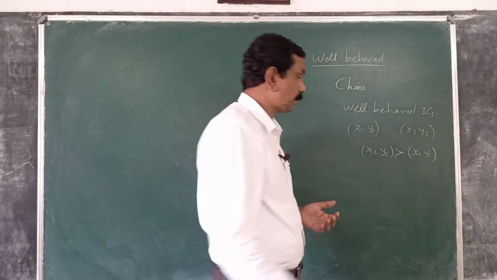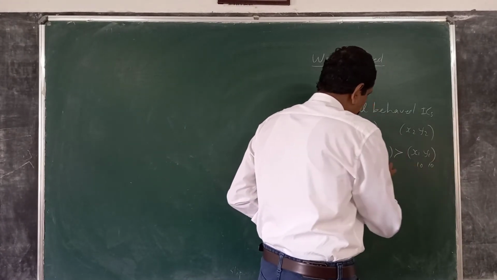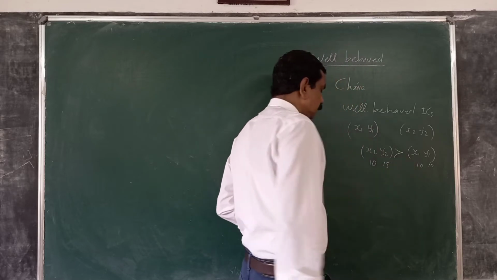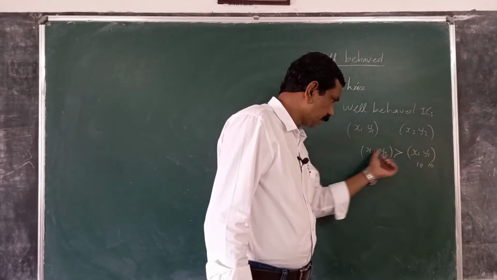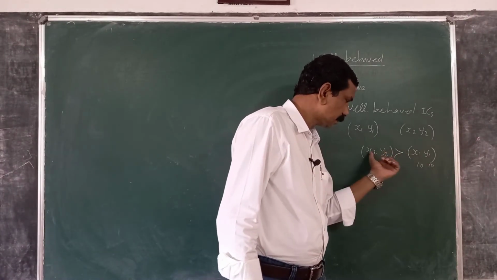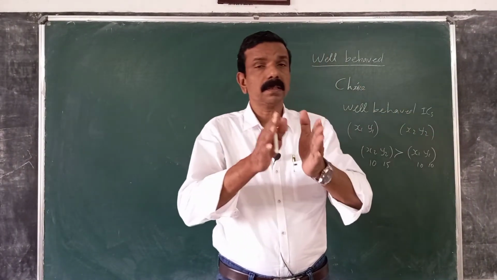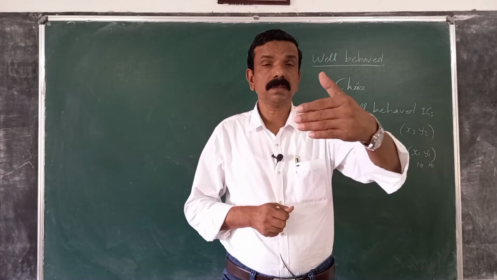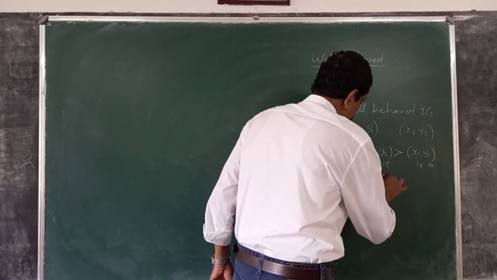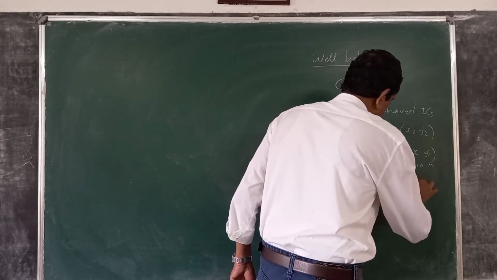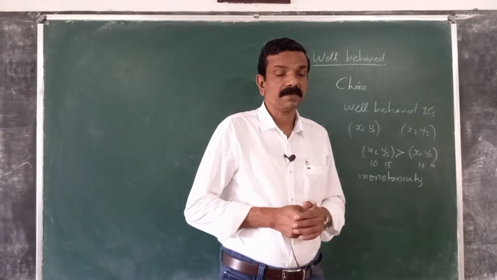Suppose that X1, Y1 is 10, 10, and X2, Y2 is 10 and 15. As this contains the same X and more of Y, this is preferred to this. And this assumption is technically known as monotonicity of preferences.